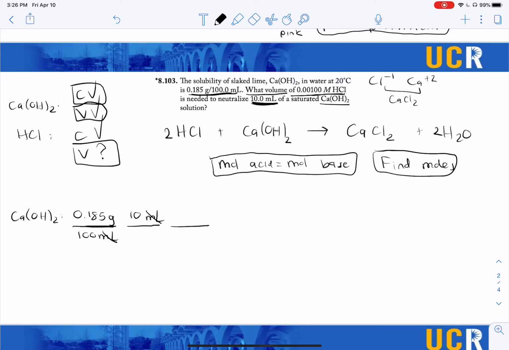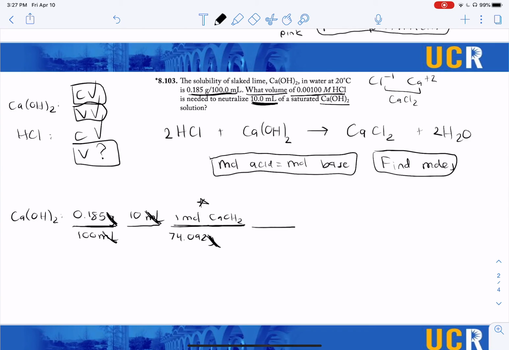I already checked that before on the periodic table, and that is 74.092 grams per 1 mole. Perfect. And then the last unit we're in right now is moles of Ca(OH)2. And remember, the point of the titration is that the moles of the acid are always equal to the moles of the base.